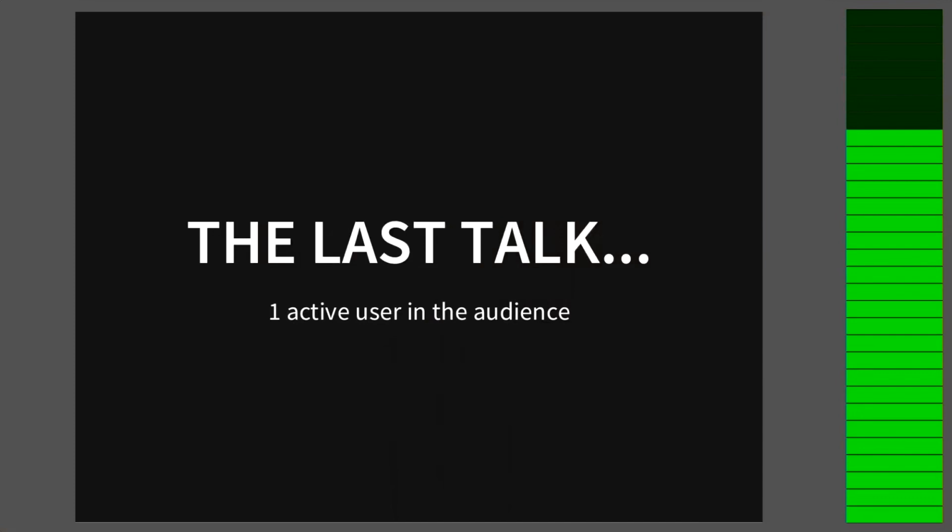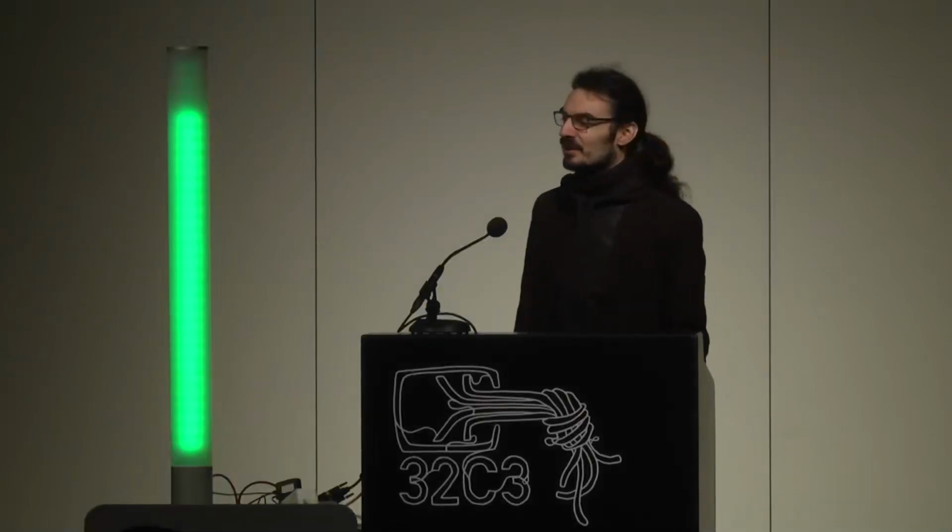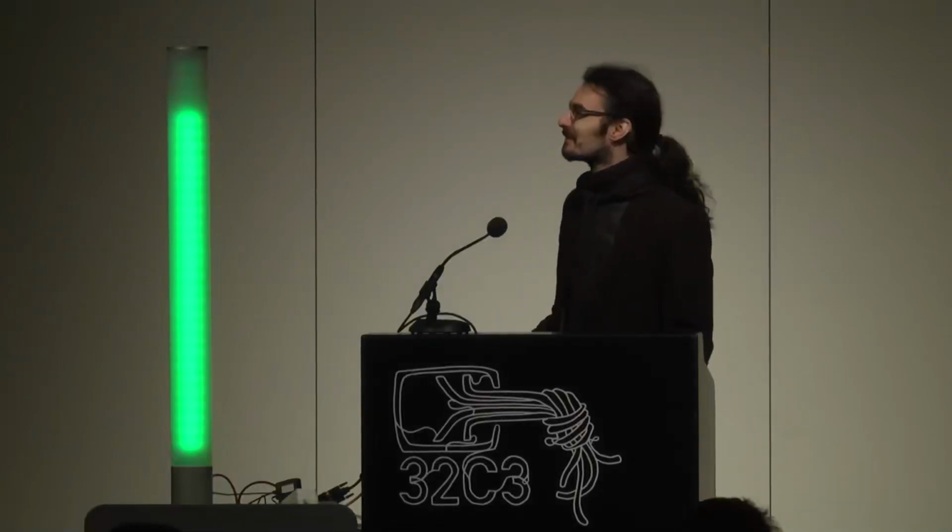Last year, there was one active user in the audience. How many Void Linux users are here? Oh, great. I think we grew about 100%. There's still one. Are you the same guy as last year? Ah, okay. So we have at least 2 active Void Linux users now, which is great, about 100% in 1 year.